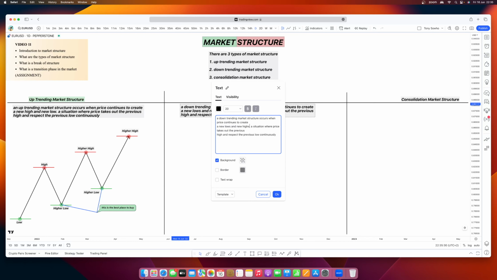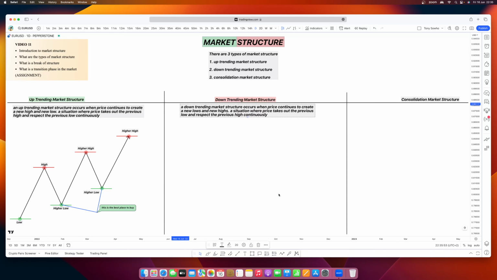Then we continue further and say a situation where price takes out the previous low and respects the previous high continuously again. Exactly. So this is it. A downtrending market structure occurs when price continues to create new lows and new highs, a situation where price takes out the previous low and respects the previous high continuously. So it's just going to be the opposite of what I have explained here.